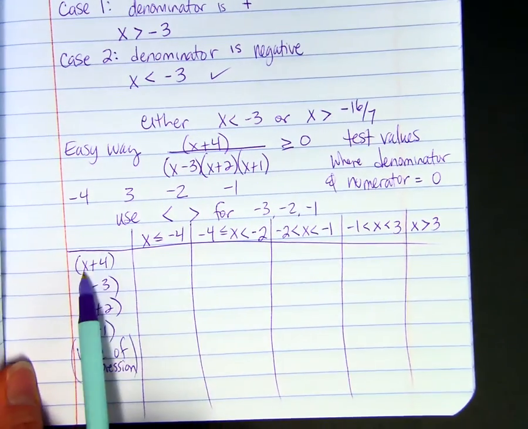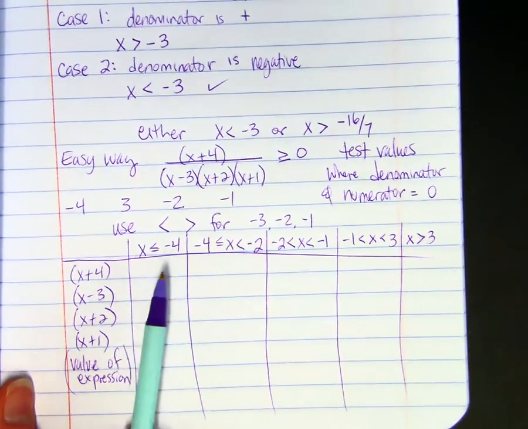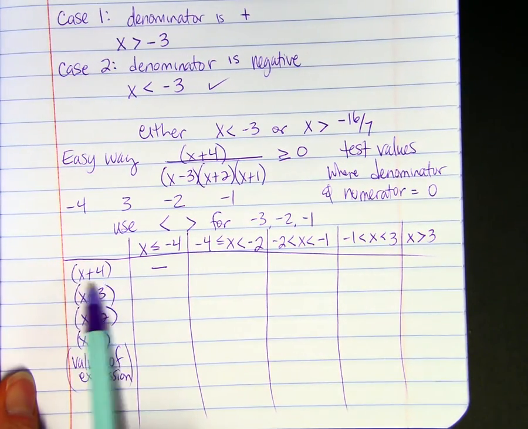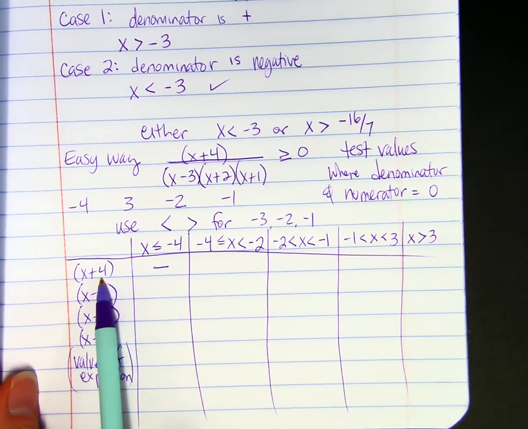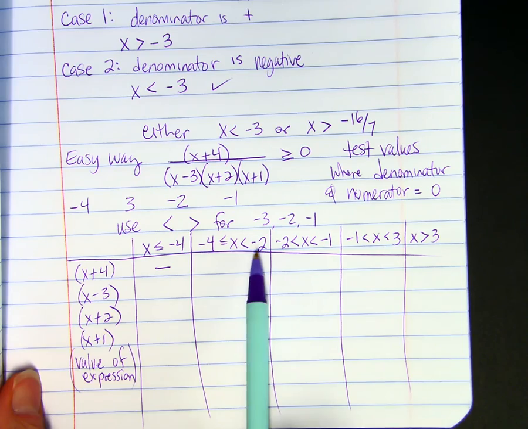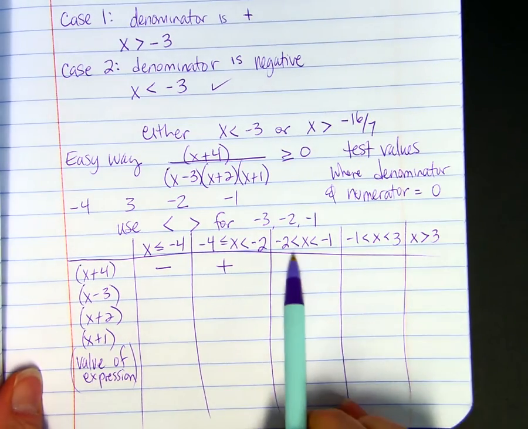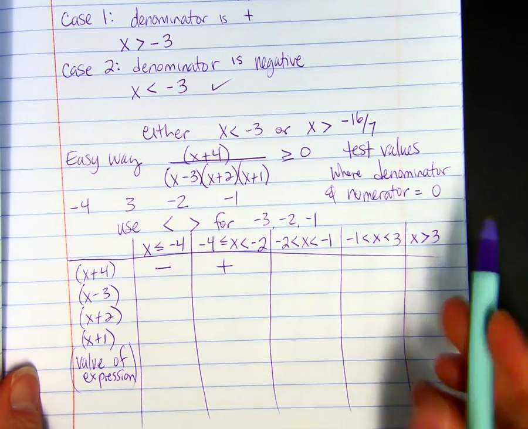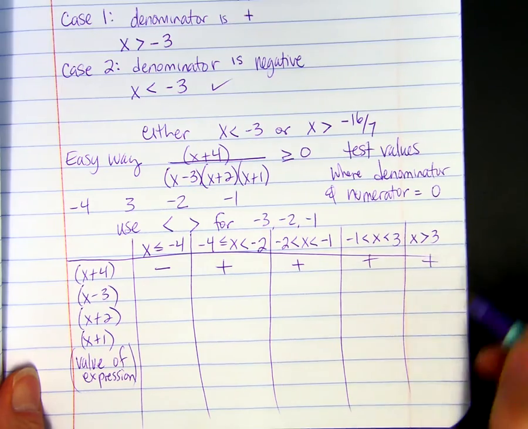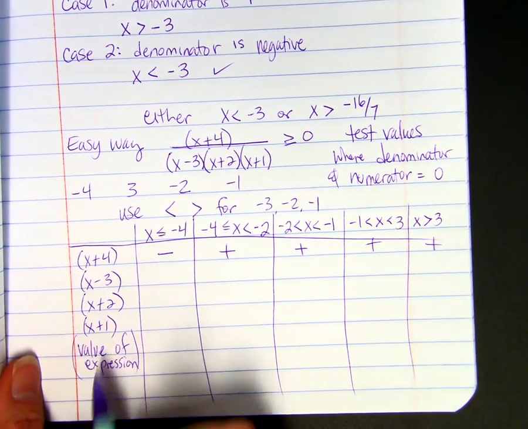So we just look at x plus 4. If x is less than or equal to -4, we have a negative value, true? For just this one. If x is between -4 and -2, then we have a positive value here. If it's between -2 and -1, it's positive. If it's between -1 and 3, it's positive, and of course this one will be positive. Okay, so we do that for each of these.